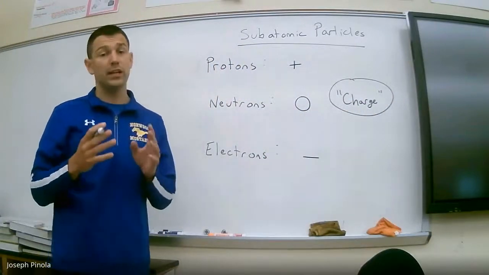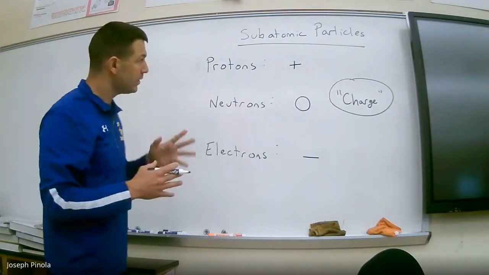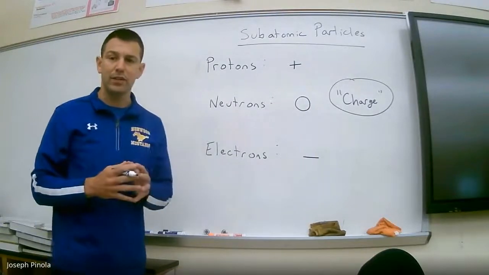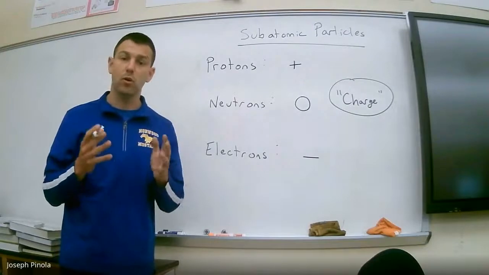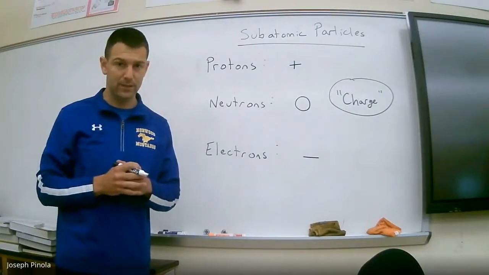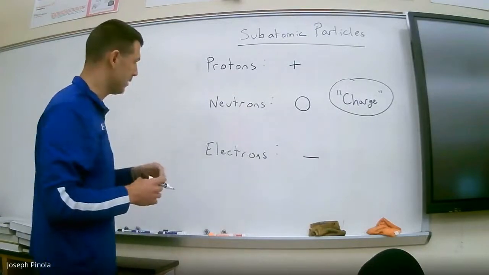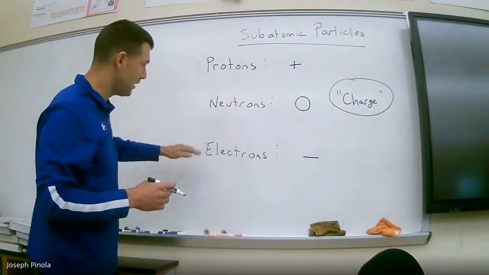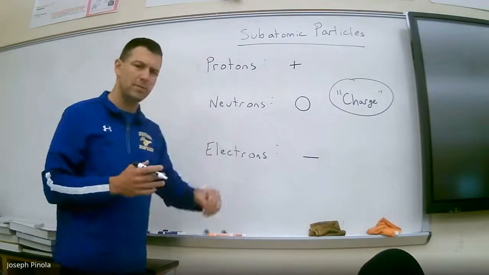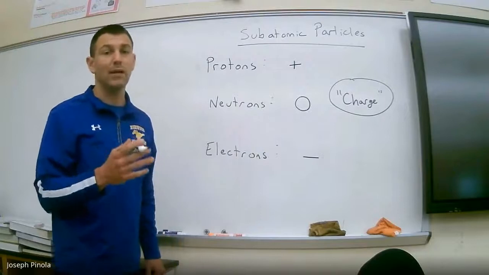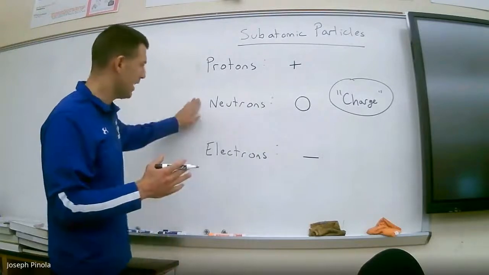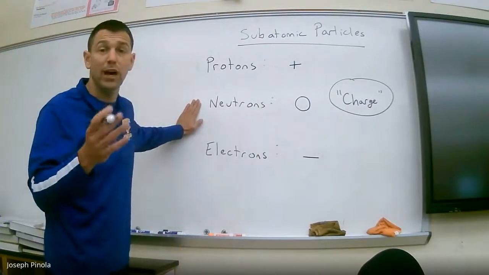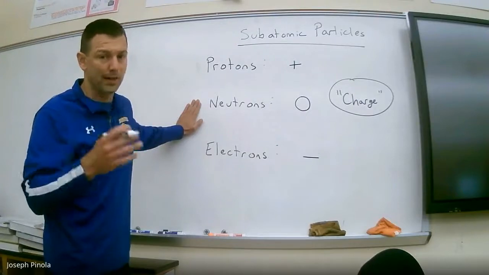We know, though, that it is a property that these subatomic particles have that cause them to either attract or repel each other. Now, you might be looking at this saying, well, positive and negative, I know what those are, but what does it truly mean to be neutral? Well, that means that the neutrons have no charge and they will not attract or repel.